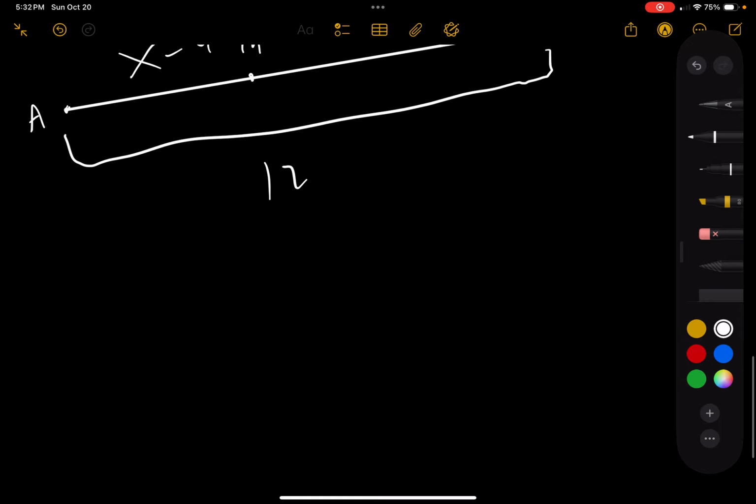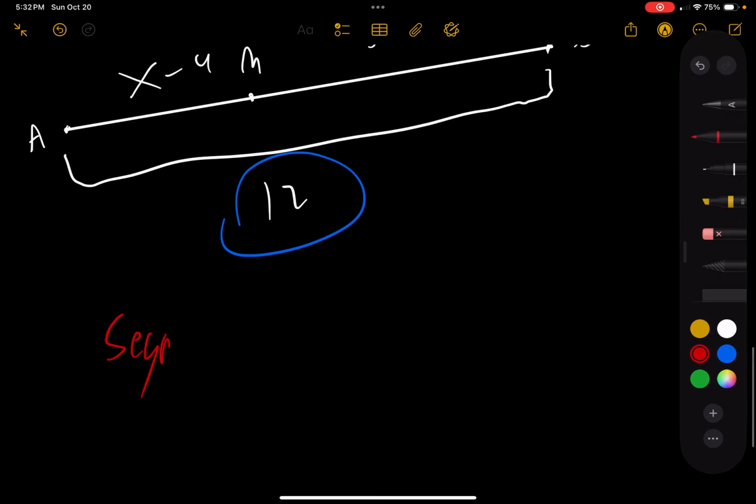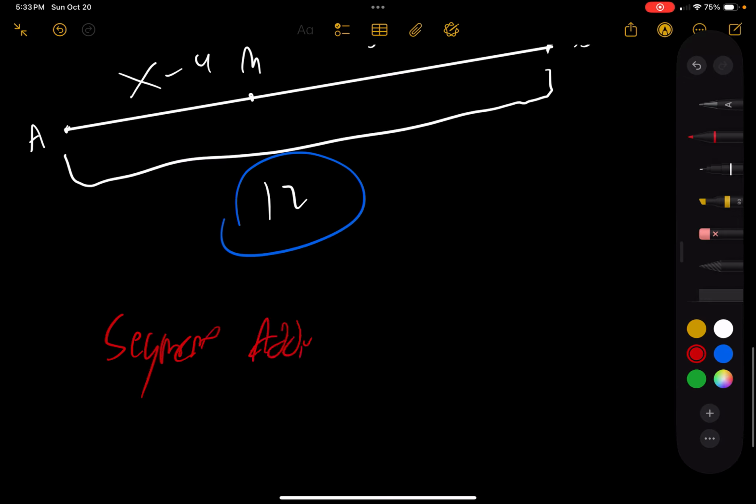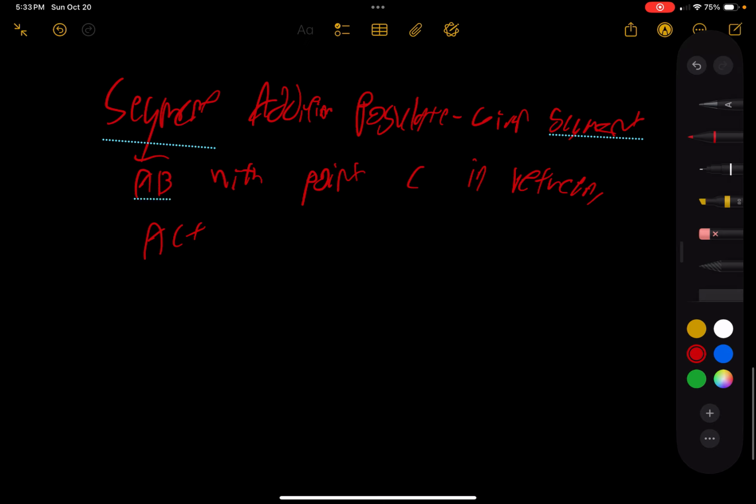But we have a length, and this is where we come up with the segment addition postulate. The segment addition postulate is something you really should understand because it's really useful, especially in cases like this. It basically says, given segment AB with a point in between, AC plus CB equals AB.